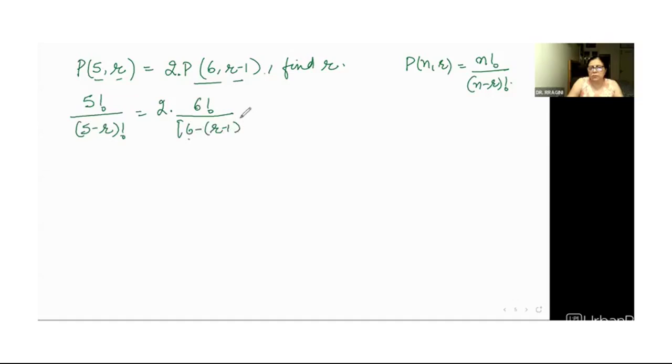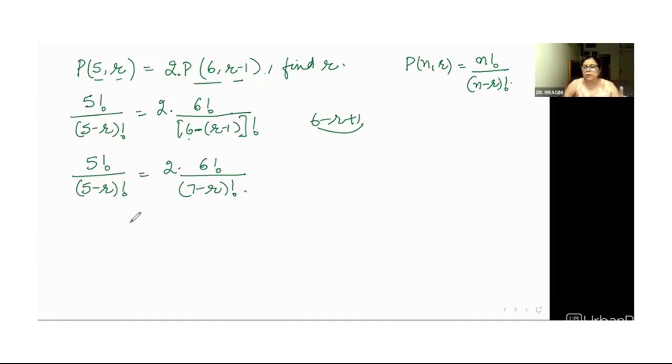I have kept this in a bracket so that I don't lose this minus sign, right? 5 factorial upon (5 minus r) factorial is equal to 2 times 6 factorial upon (6 minus (r minus 1)) factorial. If you open this, this is 6 minus r plus 1, that is 7 minus r factorial.